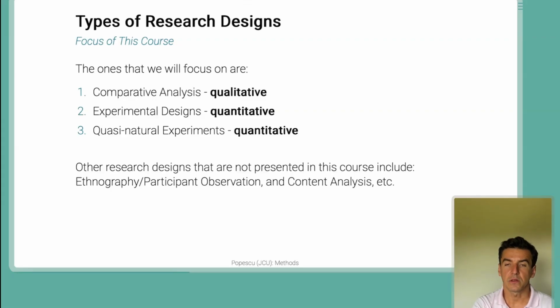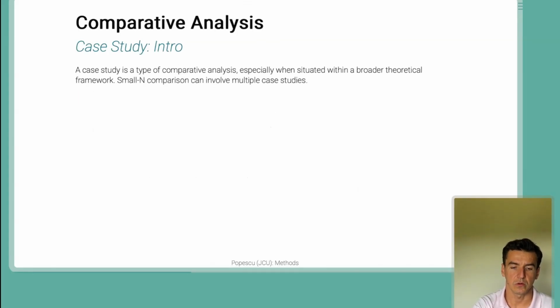Obviously, there are a variety of other types of research designs, including ethnography, participant observations, and content analysis. I'm not going to cover them here. I'm going to mostly focus on quantitative research approaches. I'm actually going to have multiple videos just on the different quantitative approaches. I'm just going to briefly mention some hopefully helpful information about case studies.